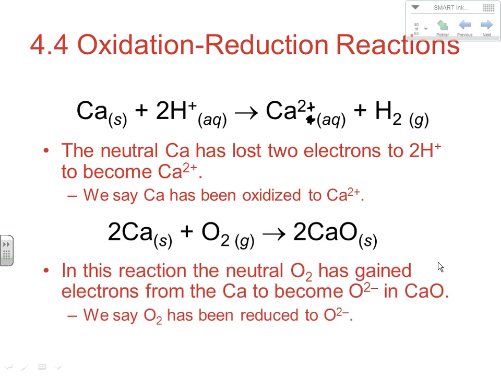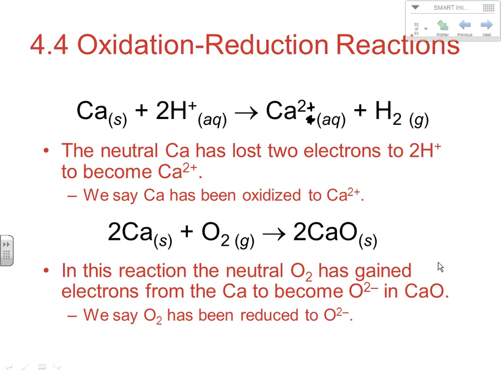Now in this reaction, the neutral O2 has gained electrons from the calcium to become O2- in CaO. Because remember, it's written as calcium oxide, CaO, but it's really Ca2+ and O2-. That's what's inside the ionic compound. So we started neutral and it became O2-. So in this particular case, we say that O2 has been reduced because it started out as a neutral charge.